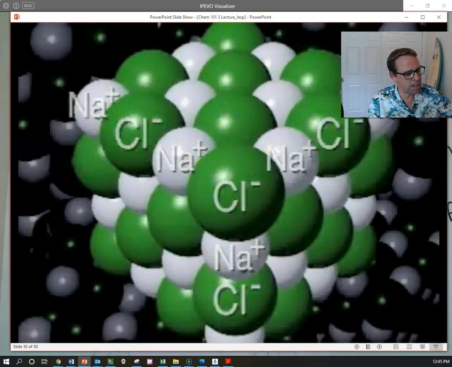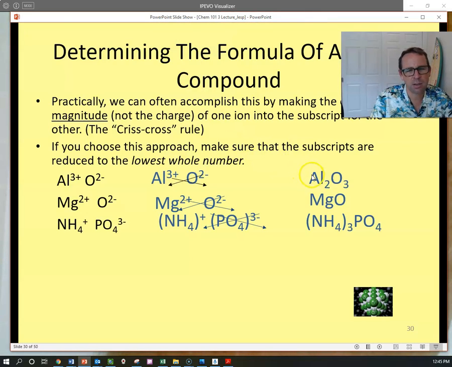And the reason why we bring that up at this point is because for the MgO, the magnesium oxide, we didn't put Mg2O2, because all we're saying with the formula of the ionic compound is that that is the ratio of the different ions, right? 1 magnesium for 1 oxygen, 2 aluminum for 3 oxygens, 3 ammonium for 1 phosphate, all right?